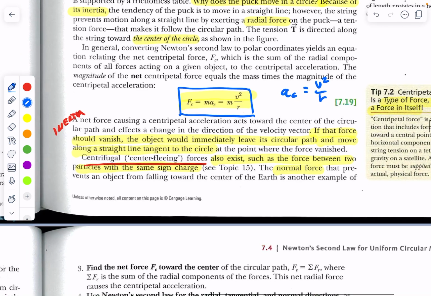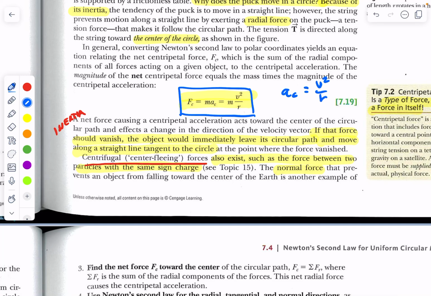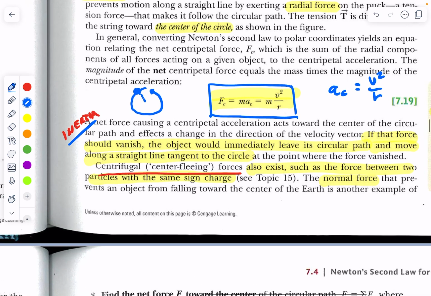Keep in mind that when the centripetal force is not sufficient to hold an object in its circular path, then the object is going to fly off tangentially, and that would be because of inertia. So, for example, if an object is moving counterclockwise like this, and let's say it's a ball at the end of the string, so here's the ball, and this dotted line will be the string holding the ball in place, and let's say that the string suddenly breaks.